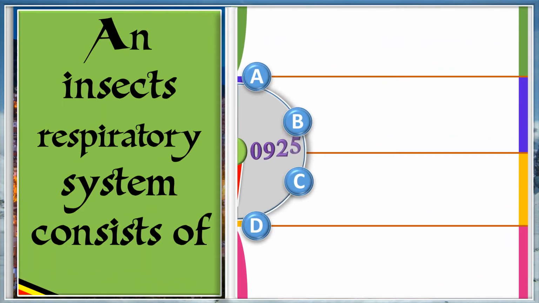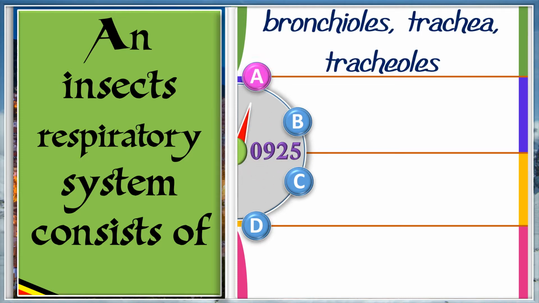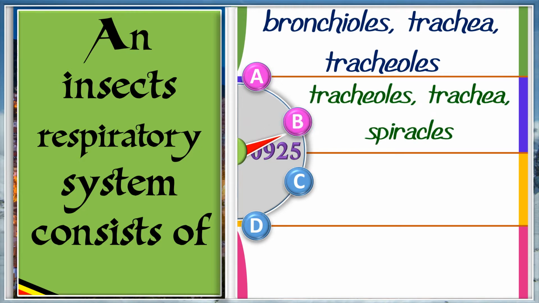An insect respiratory system consists of: A. Bronchioles, trachea, tracheals. B. Tracheals, trachea, spiracles.